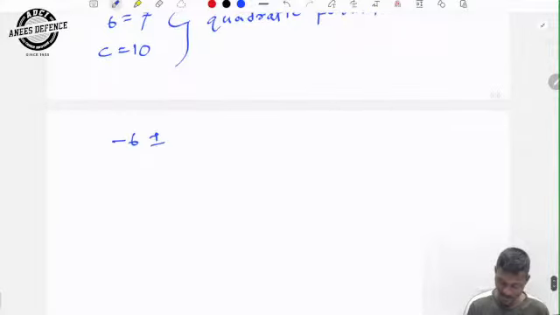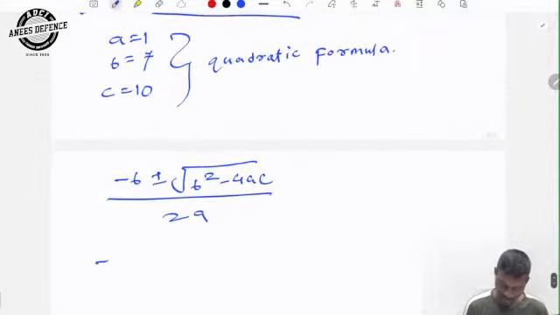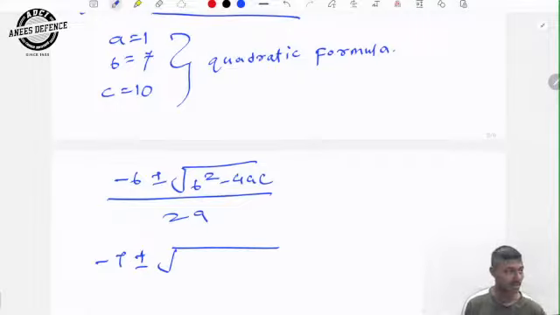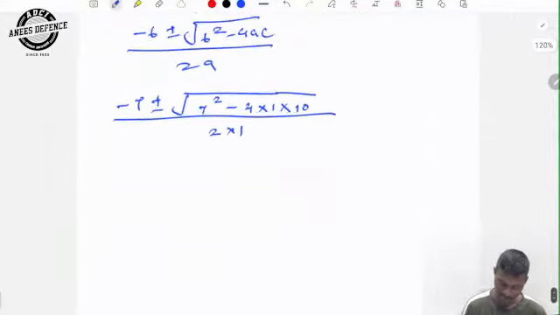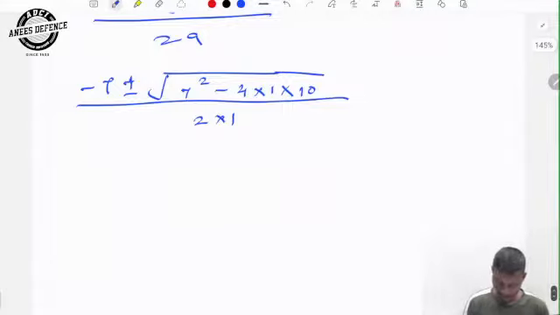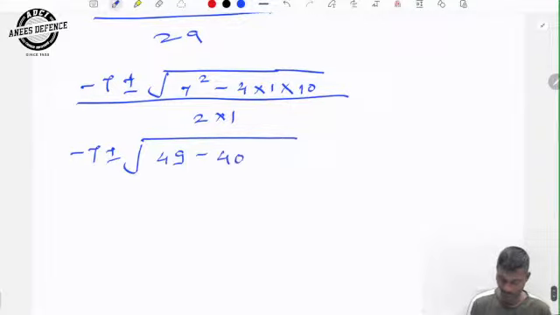Minus b plus minus under root b square minus 4ac divided by 2a. So minus 7 plus minus under root 7 square minus 4 into 1 into 10 divided by 2 into 1. So solving, minus 7 plus minus under root 49 minus 40 divided by 2.